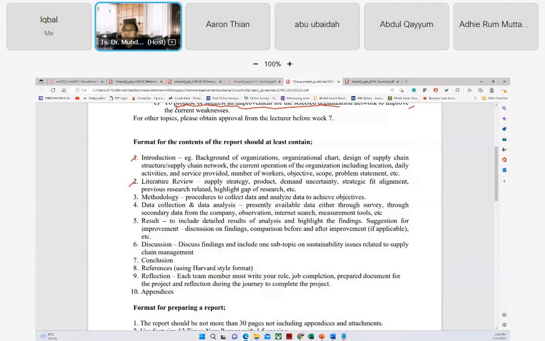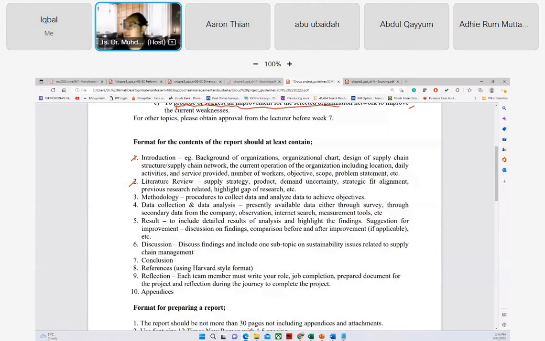Okay, so for the literature review, you can go beyond what you have in the class. Not only the Chopra books, but maybe you can go to any resources: conference papers, journals, maybe news from the newspapers, so anything that could help you in doing this project.